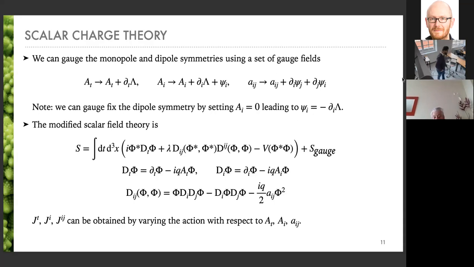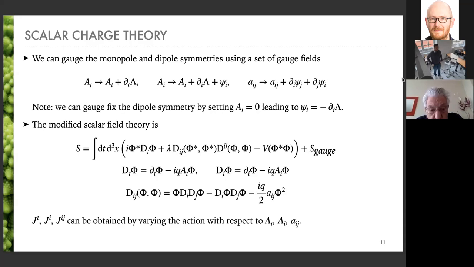Once you have introduced these gauge fields, you can gauge the original scalar theory you had. The normal time derivatives become covariant time derivatives, as we have it. You also have covariant spatial derivatives. And my previous definition for the non-local covariant derivative between two copies of phi fields actually changes to this operator here.